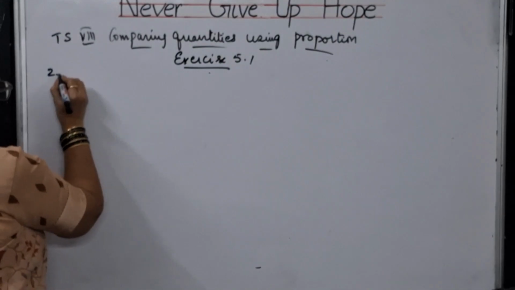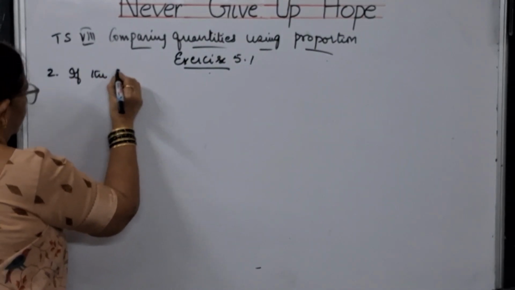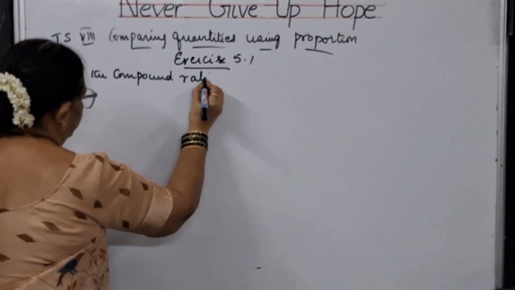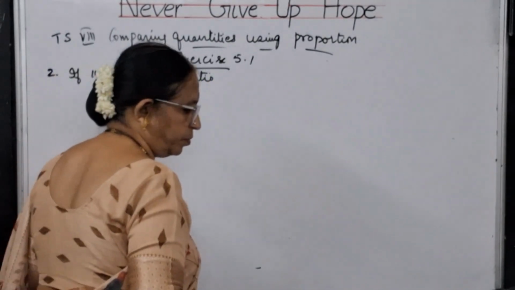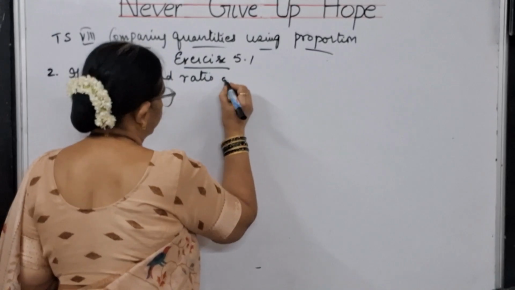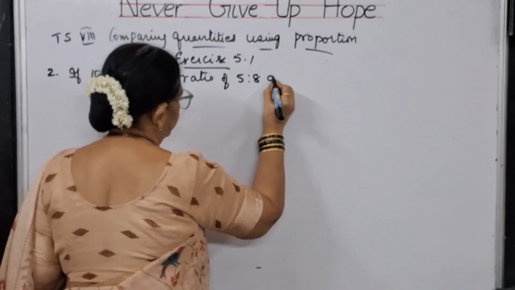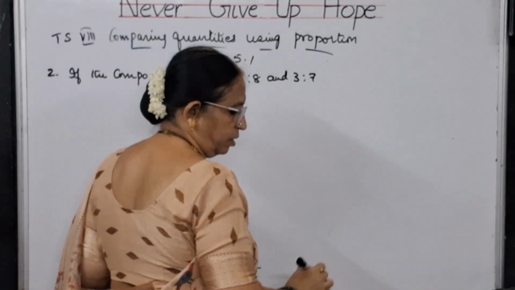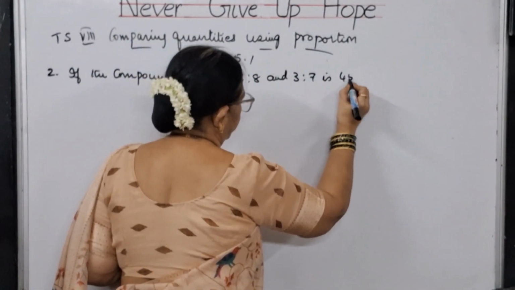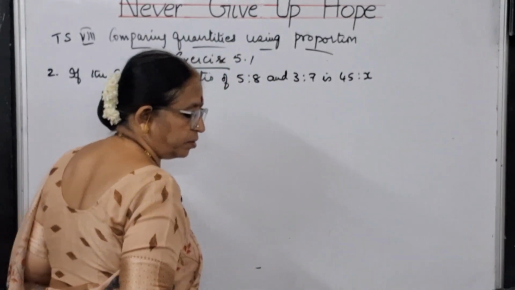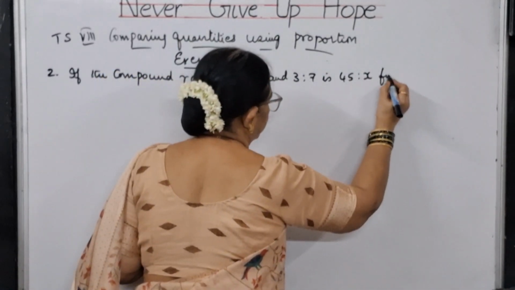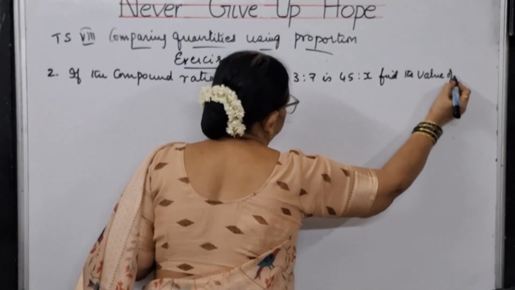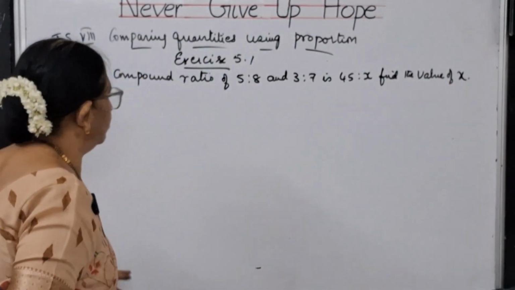Second one, if the compound ratio of 5 is to 8 and 3 is to 7 is 45 is to x. Find the value of x. Very important to solve this, children.